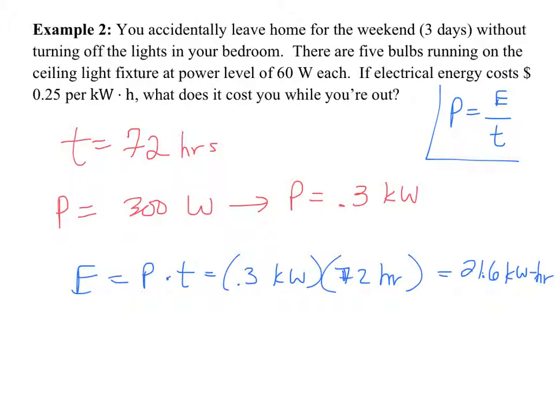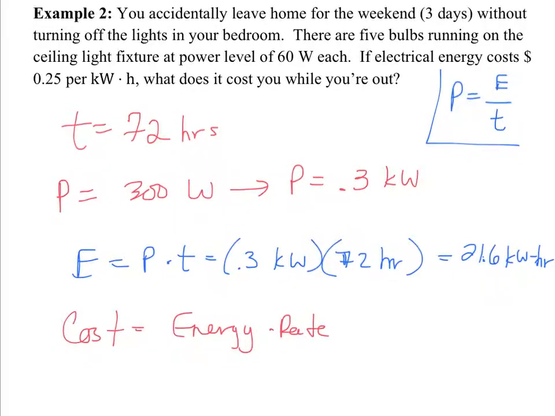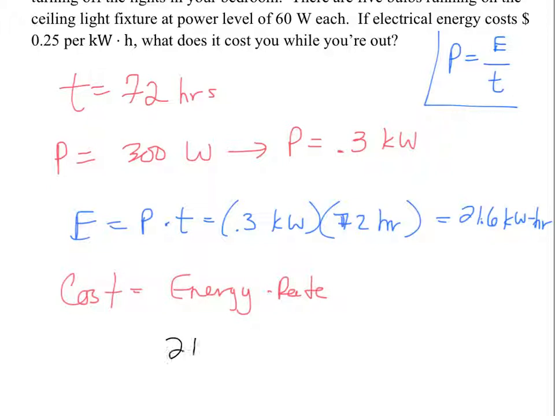If I want the cost now, the cost equals what? What was the formula we wrote down in the last one? Energy times the rate. The amount of energy consumed is 21.6 kilowatt hours.